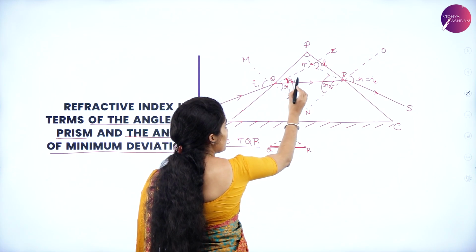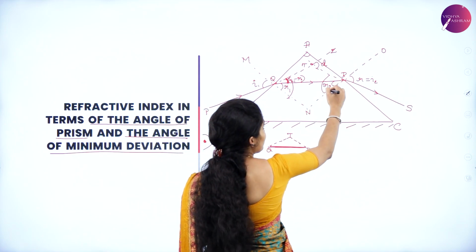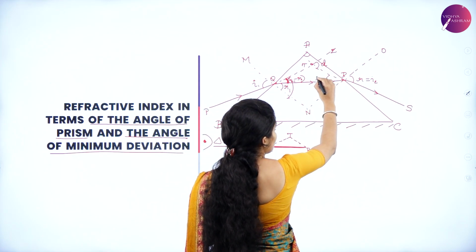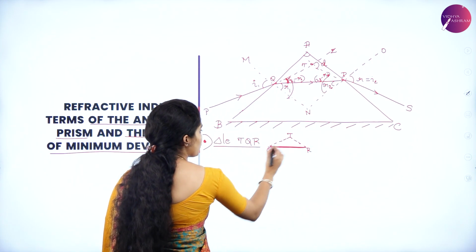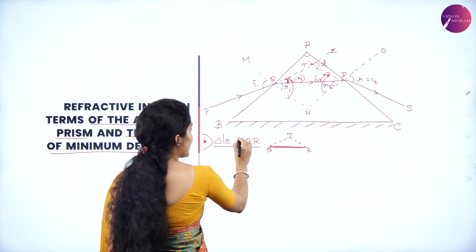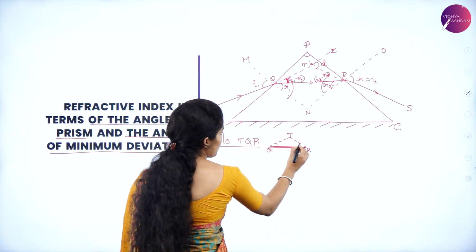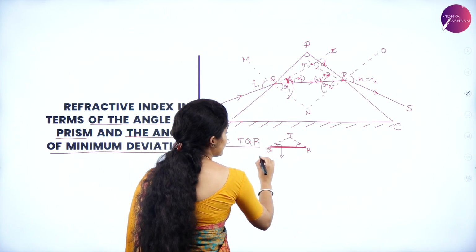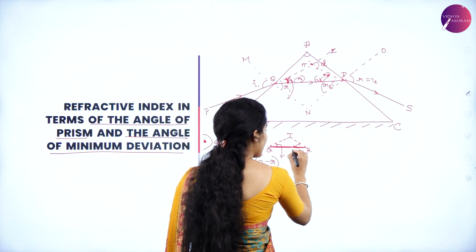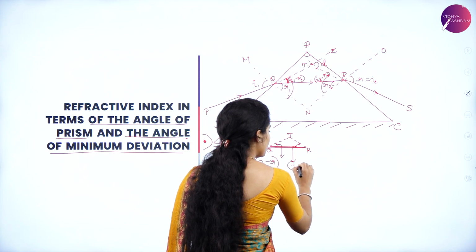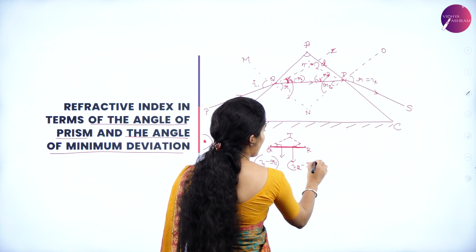So I1 minus R1 will be the angle over here. And here you're subtracting, I2 minus R2, the angle here. So by triangle TQR, we have these two angles. This angle is said to be I1 minus R1, and this angle is said to be I2 minus R2. So this is R1 and this is R2.